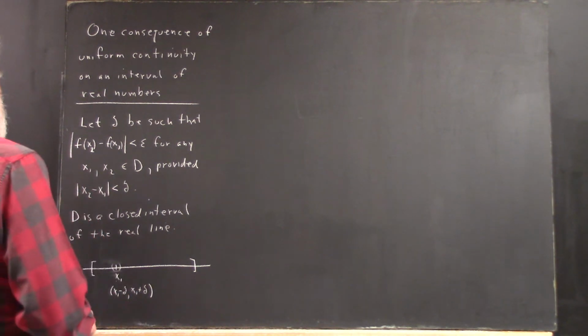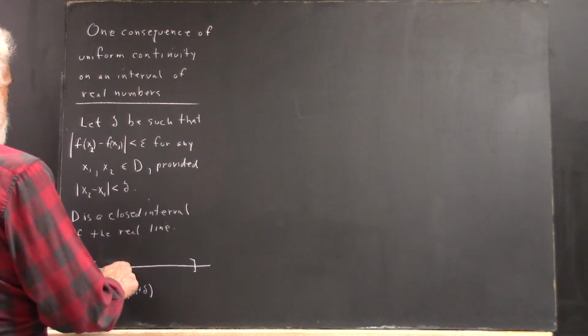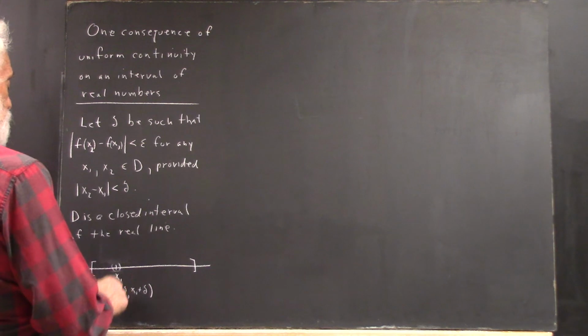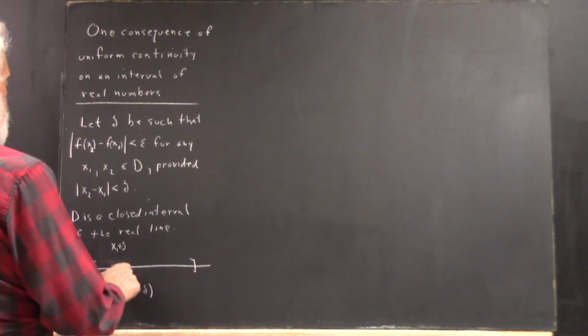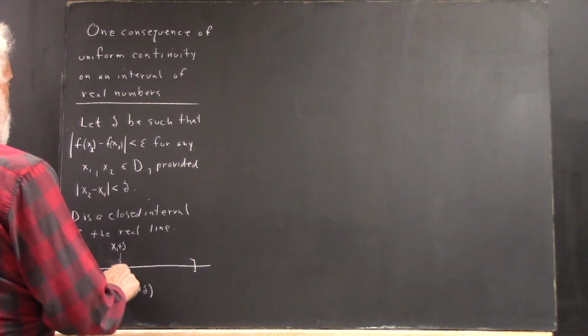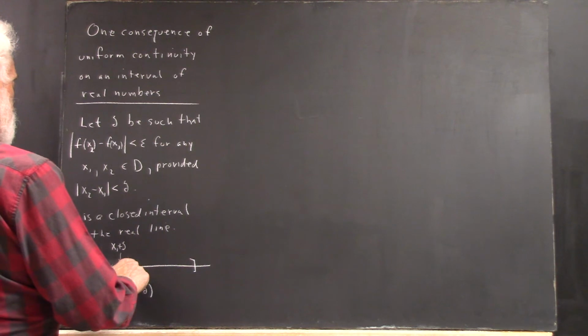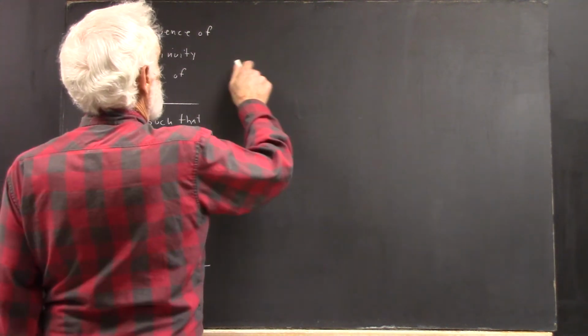Now, we can take another point here and let this point be x1 plus delta. Then you have an open interval around x1 plus delta. I better draw this a little bigger, so let's do it again.